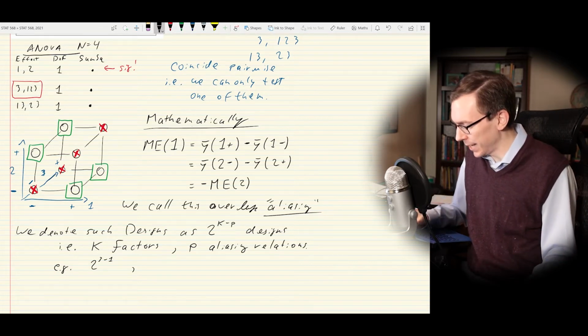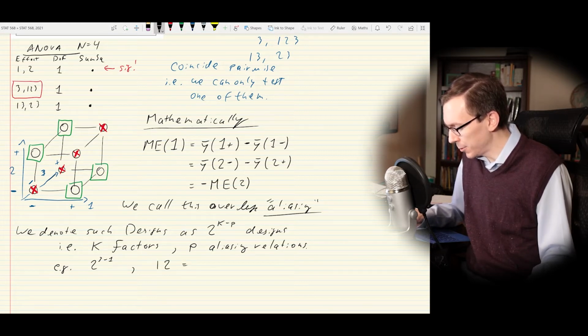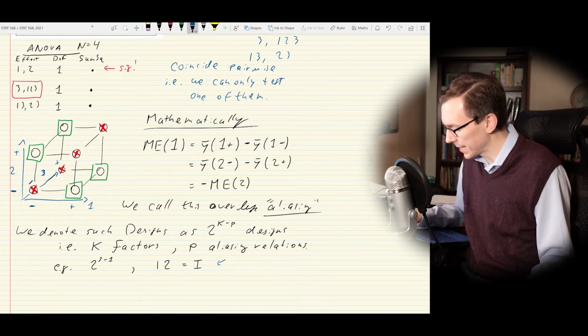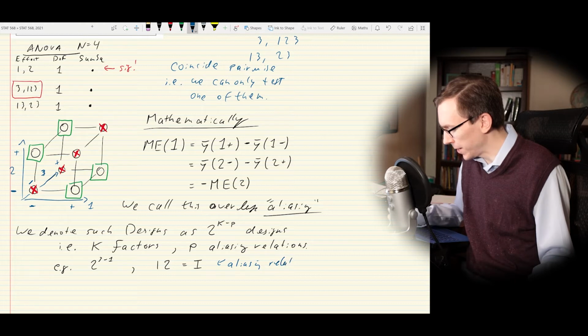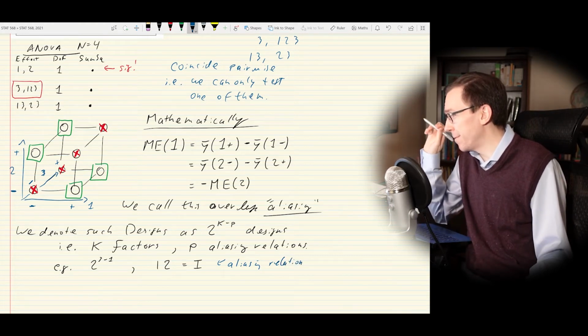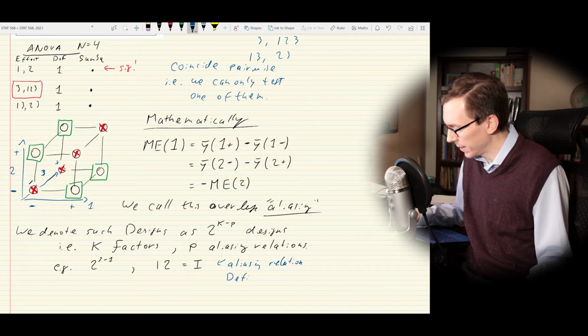The aliasing relation we actually have here is we're going to denote 1, 2 as equal to I, the identity. So this is going to be the aliasing relation, or equation, or whatever you want to call it. I guess defining relation is what I also called it in my notes.